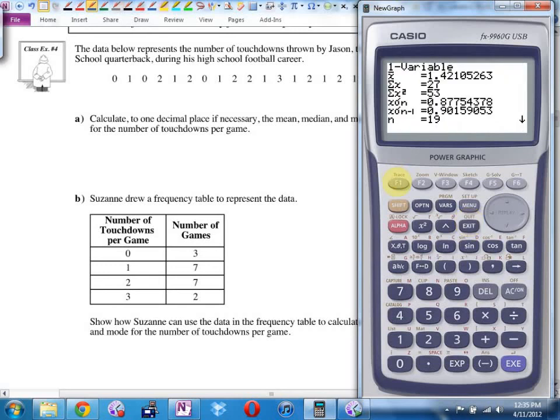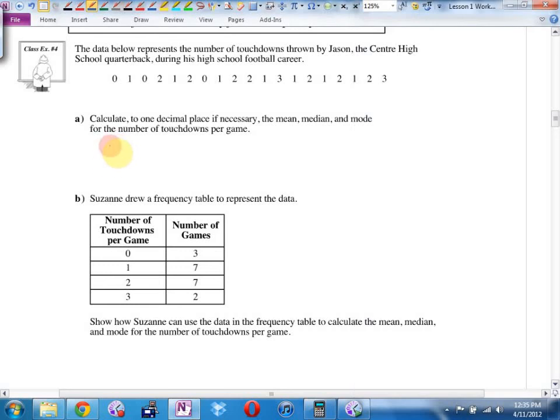If we were looking at this guy's career average, what's his average number of touchdown passes per game? Tanner. 1.421, 1.4. So, mean, 1.4.